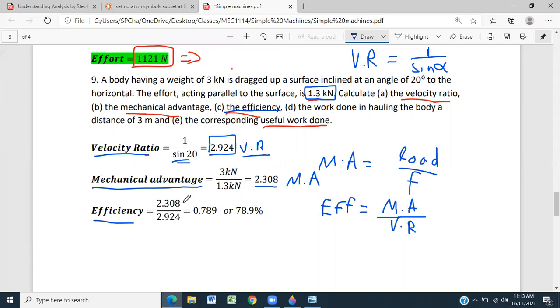The mechanical advantage is 2.308. The velocity ratio is 2.924. Dividing that, we find that the efficiency is 0.789 per unit, or 78.9%, or approximately 79%. Okay.